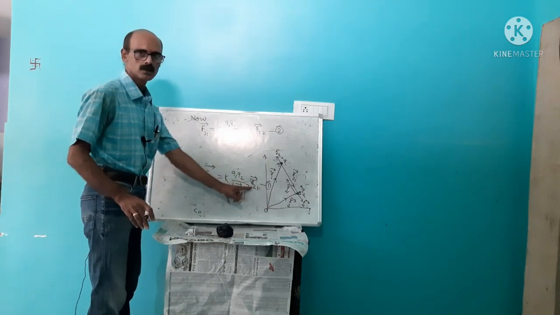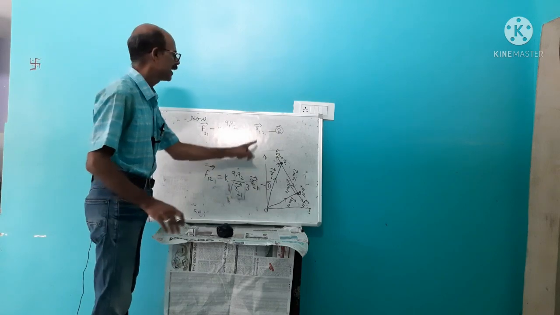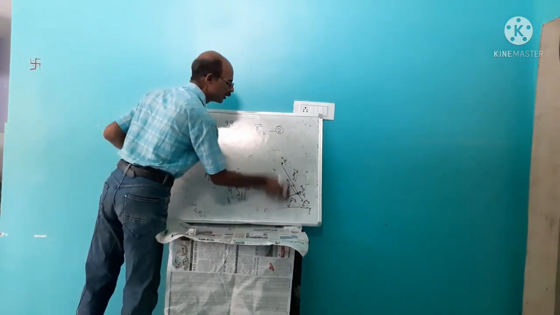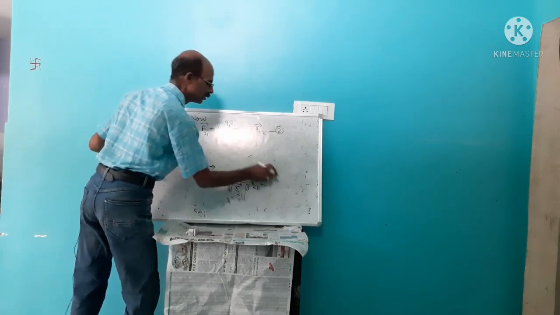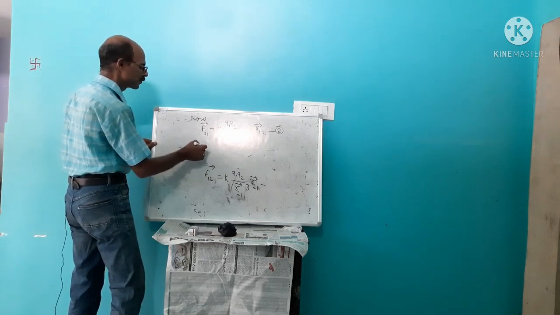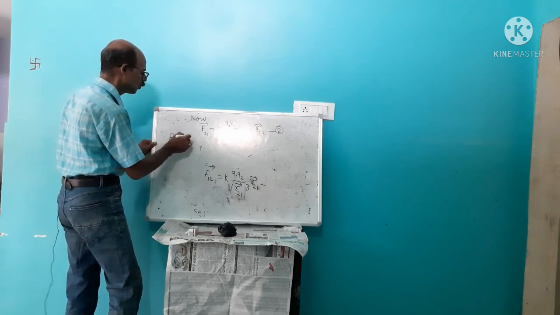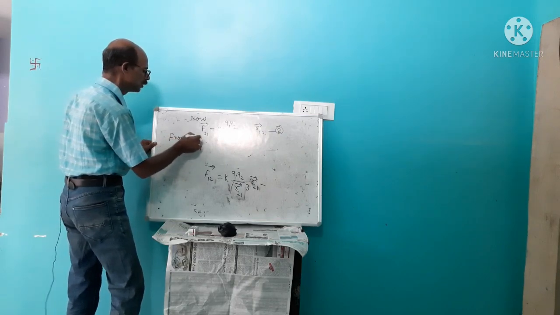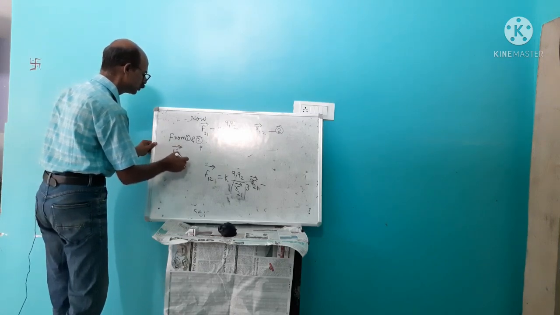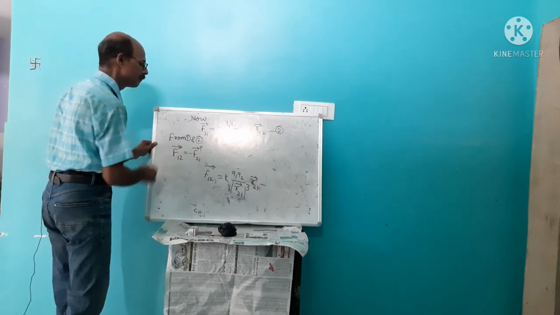R21 is how much? This is R2 minus R1. And this will be R1 minus R2. Therefore, from equation 1 and 2, we observe that vector F12 will be negative of vector F21.